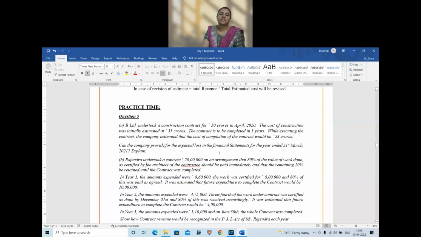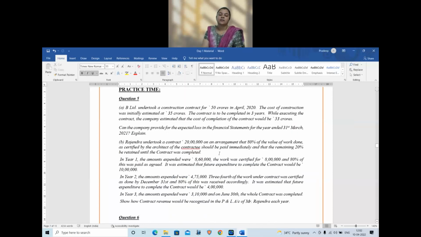Right. Question 5B. Silence, please. Rajendra undertook a contract of 20 lakhs on arrangement that 80% of the value of work done as certified by the architect of the contractee should be paid immediately, and 20% will be retained until the contract is completed, which means whatever is the work certified, 80% of the value is paid immediately, 20% will be retained and paid later.